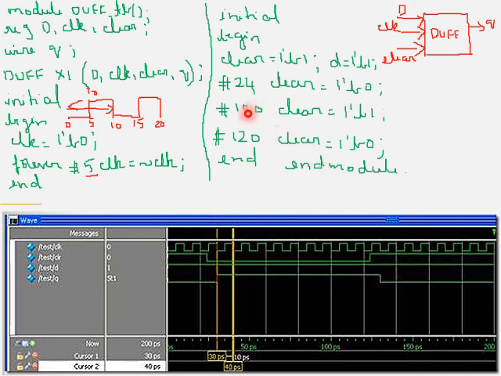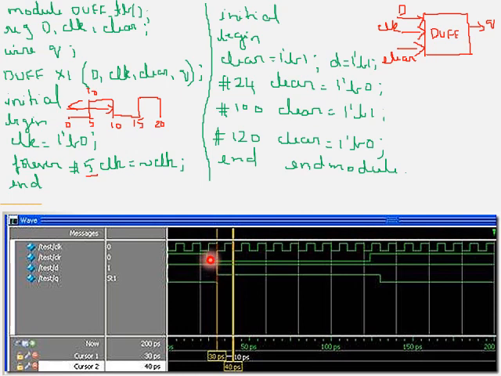Next, #24: after 24 time units I am making clear equal to 0. So now clear has become 0, and the output will be equal to D. D is 1 from 24 time units.